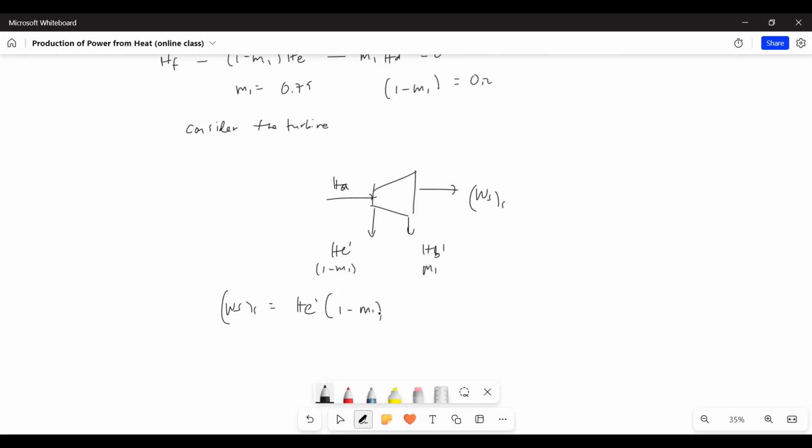So this is our energy balance: delta H equal to work shaft. Okay. And we have to consider the mass fraction for the H values, HB prime times M1 minus HA times 1. Okay, nagets ba? So this is delta H equal to work shaft.